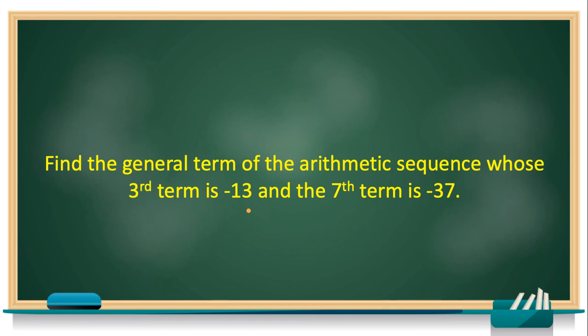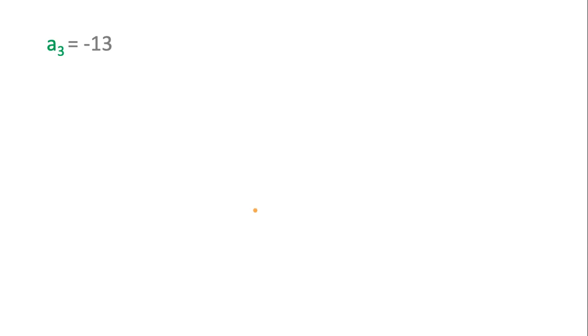Before we solve the common difference, let us solve first the formula for the third term and the seventh term. The value of the third term is equal to negative 13. And remember that the formula of getting the value of the third term is a sub 3 equals a sub 1 plus n minus 1 times d. Then n minus 1 will be 3 minus 1. So substitute a sub 3 with its value, that is negative 13. Then 3 minus 1 is 2.